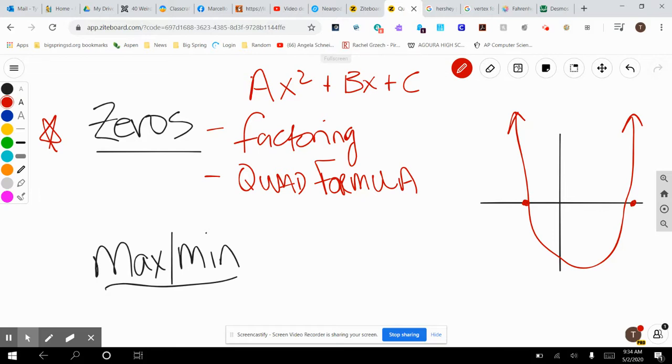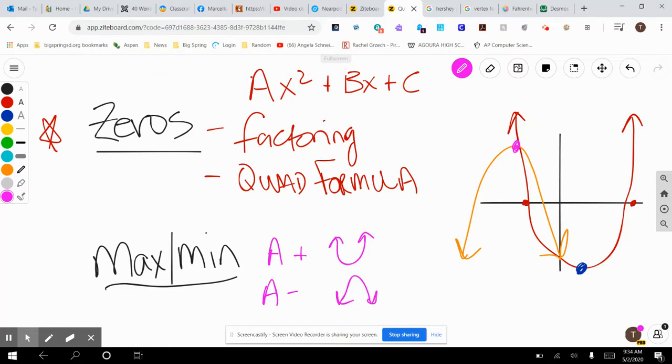Now the max or the min, since we're talking about a parabola, is this very bottom point, or if it happens to be an upside down one, then this very top point. If the a is positive, it's going to go up. If the a is negative, it's going to go down.